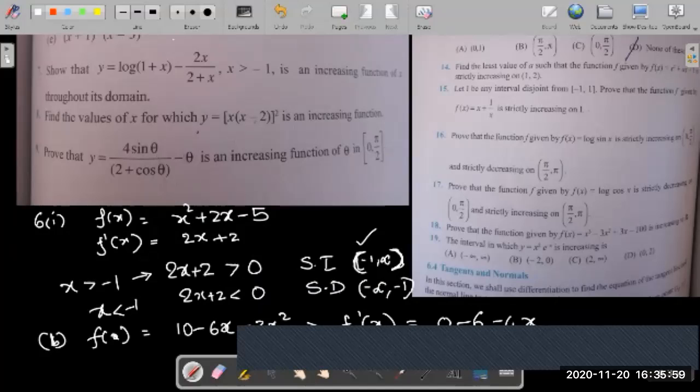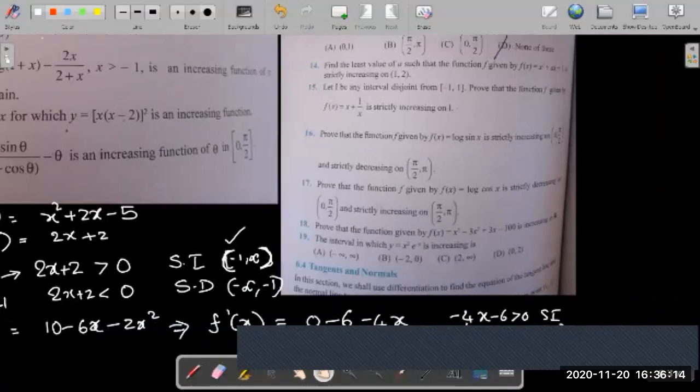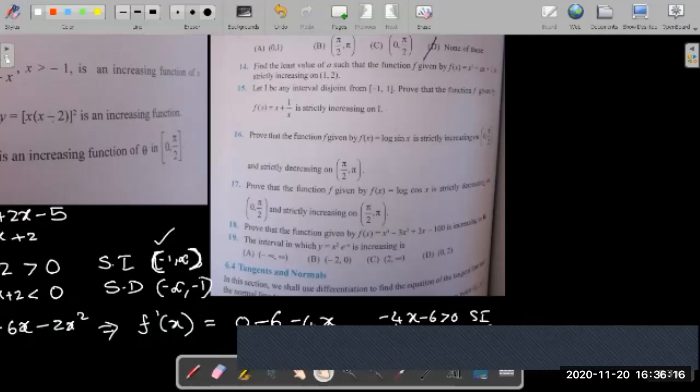Now we have to find out for which intervals. Minus 4x minus 6 greater than 0, that is strictly increasing. Minus 4x minus 6 less than 0, that is strictly decreasing. So those are the intervals we should be looking at.